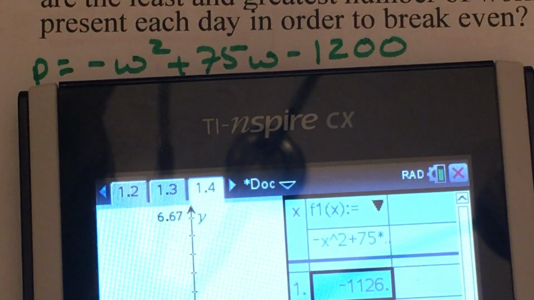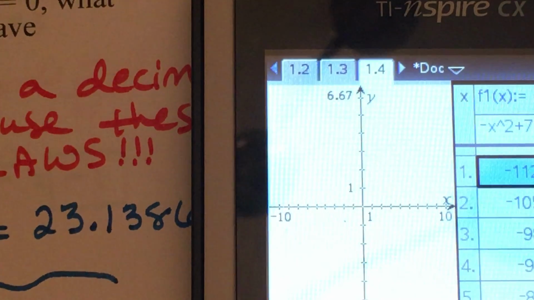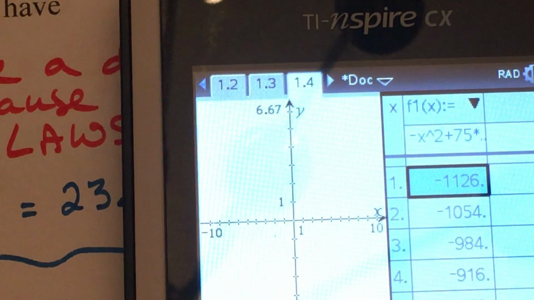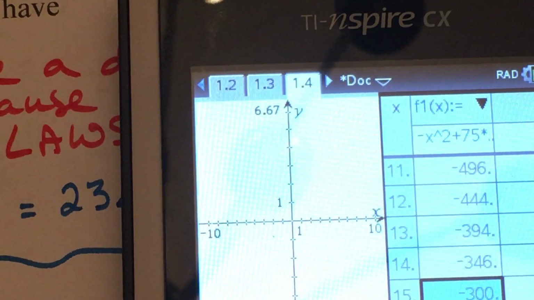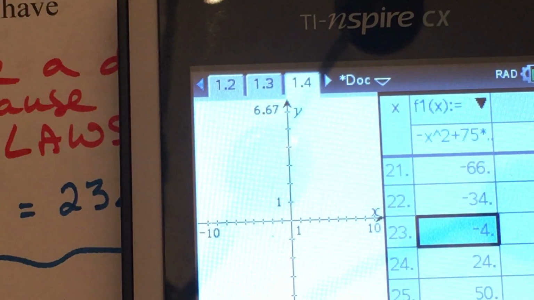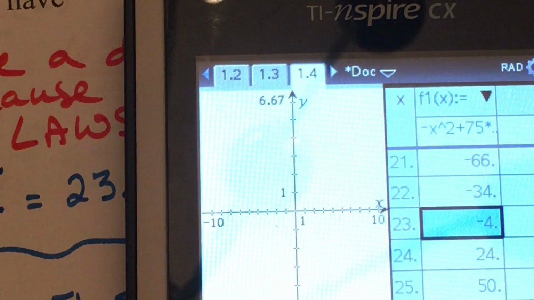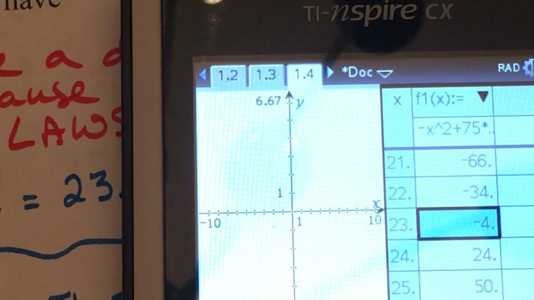Control T. And we said we want to know what happens around 23. So let's arrow, arrow, arrow, arrow, arrow, arrow, arrow. Hey, 23 has a value of -4. Remember, the boss man can never be in the negative.